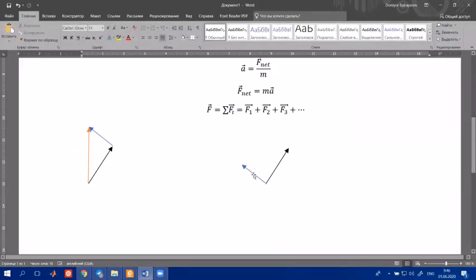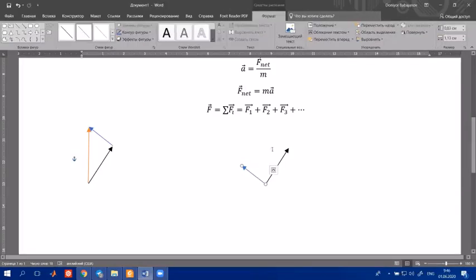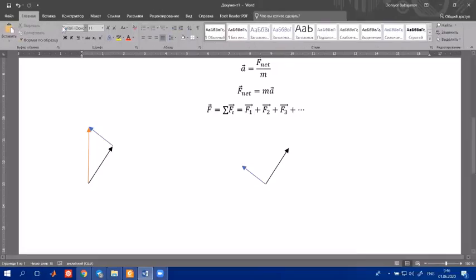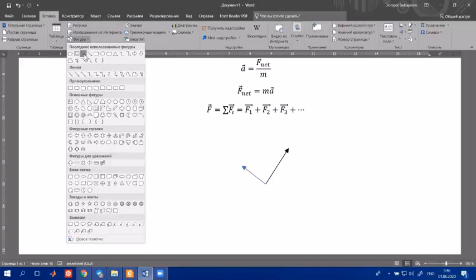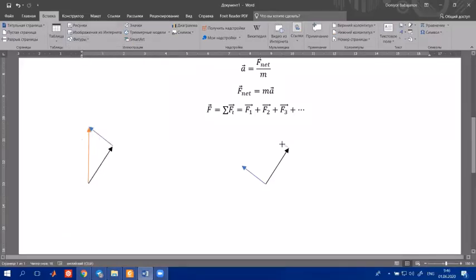you should draw the parallelogram. Parallelogram means you draw parallel lines to these two vectors. We draw the first parallel line here. You should make it parallel to the first vector.